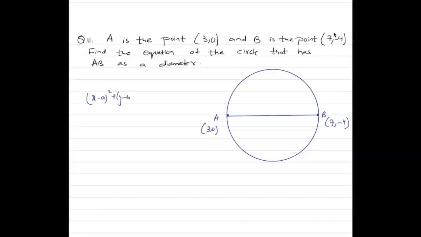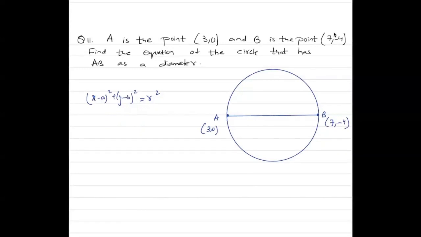as we have agreed. In order to find the equation of a circle, I need two things. One is the center coordinates and one is the radius. How do I find the center coordinates if AB is the diameter? You are going to find the midpoint.